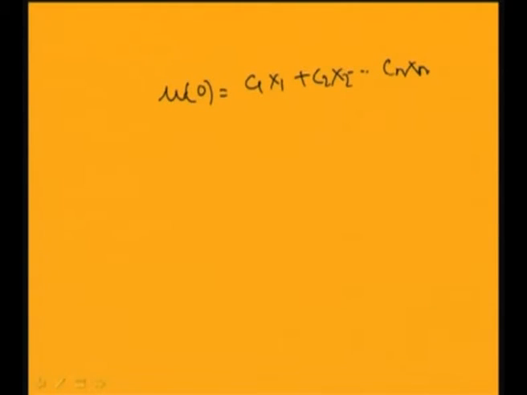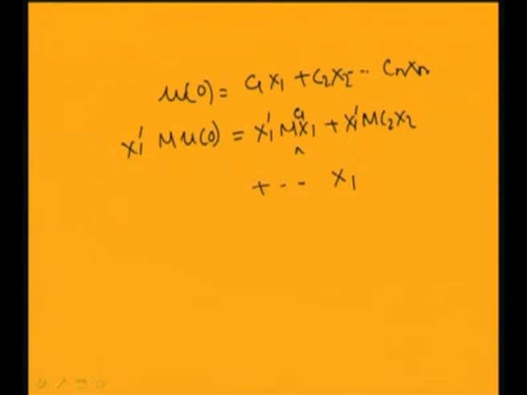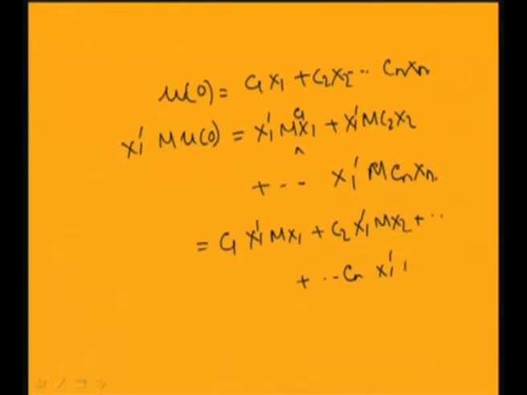Now by pre-multiplying this by x1 transpose m, I can write x1 transpose m u0 equal to C1 x1 transpose m x1 plus C2 x1 transpose m x2 plus Cn x1 transpose m xn.